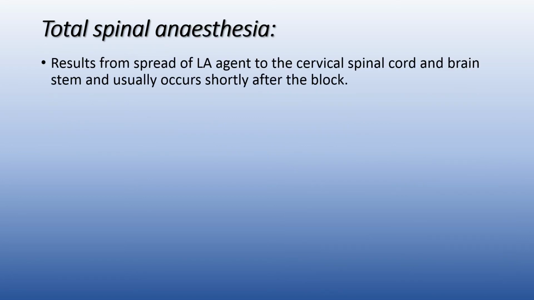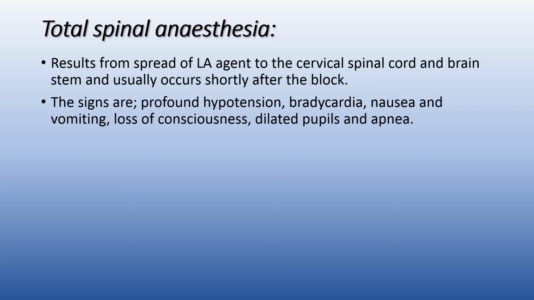Total spinal anesthesia results from spread of the local anesthetic agent to the cervical spinal cord and brain stem, and usually occurs shortly after the block. The signs are profound hypotension, bradycardia, nausea, vomiting, loss of consciousness, dilated pupils and apnea.